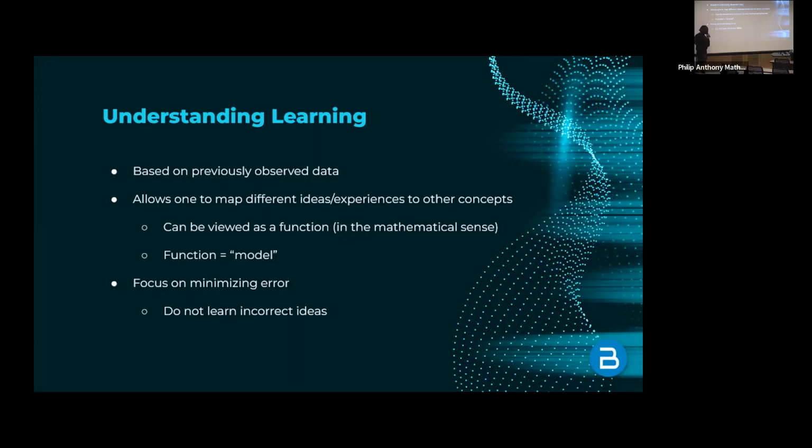Throughout this whole process, the key component is that we're trying to focus on minimizing error, or in other words, minimizing the number of times that the machine gets an answer wrong.